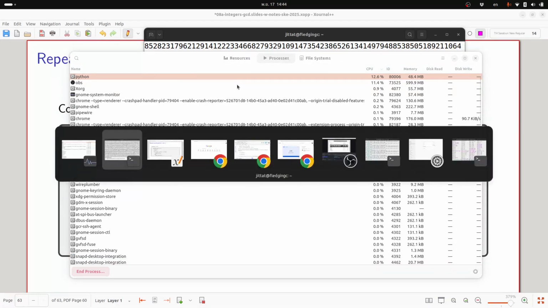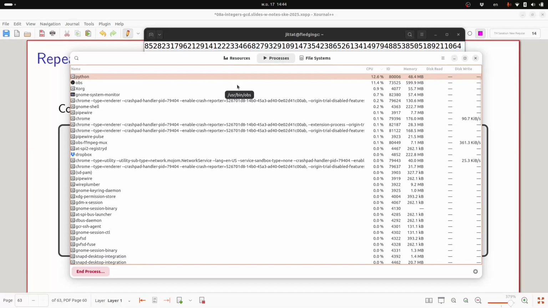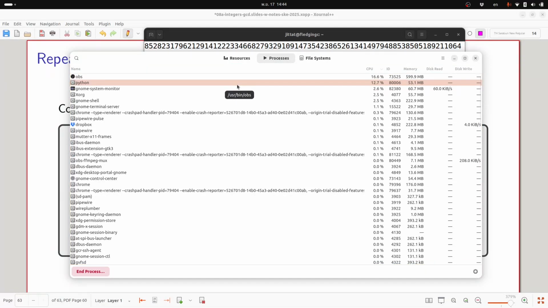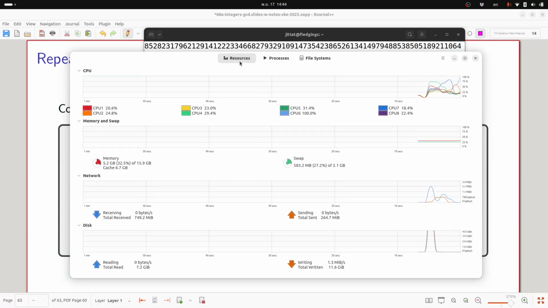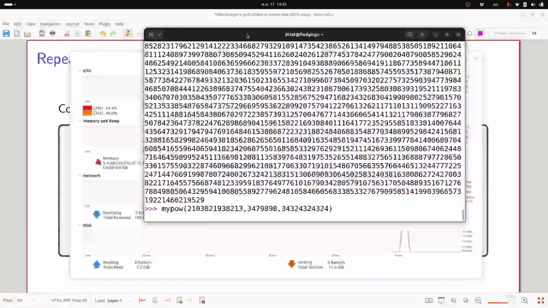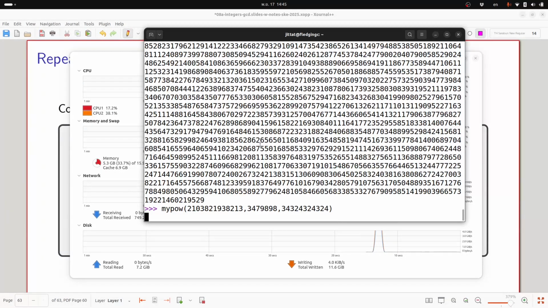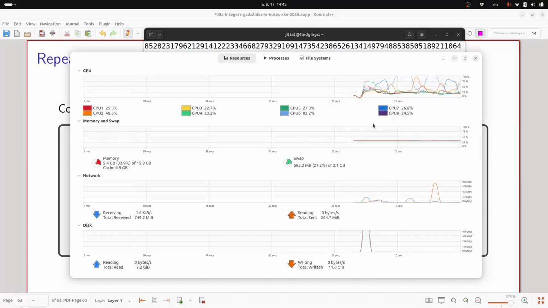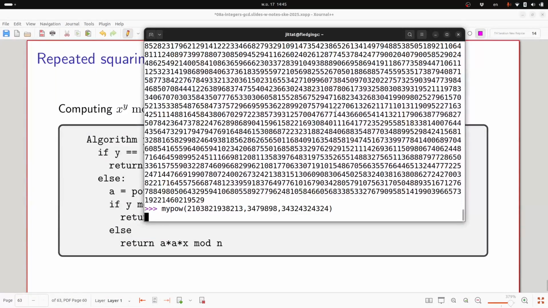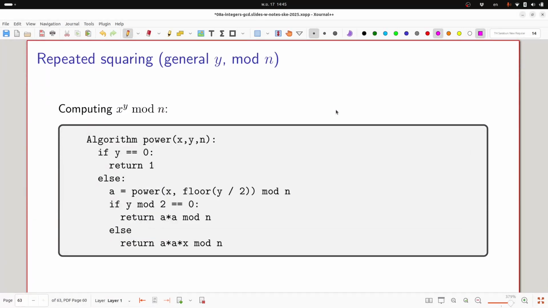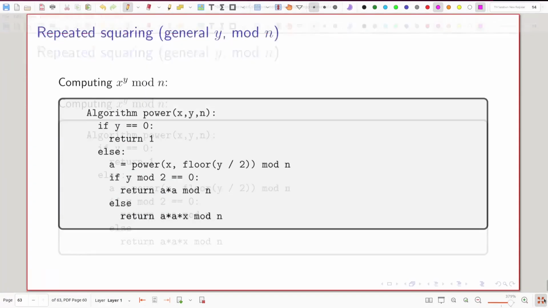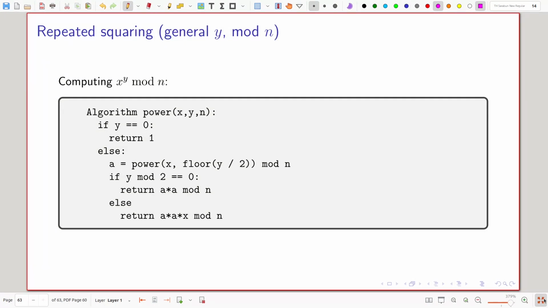Either way, I don't want to wait. Anyway, yeah, it takes forever. Okay, just ignore it. So you actually need a mod.